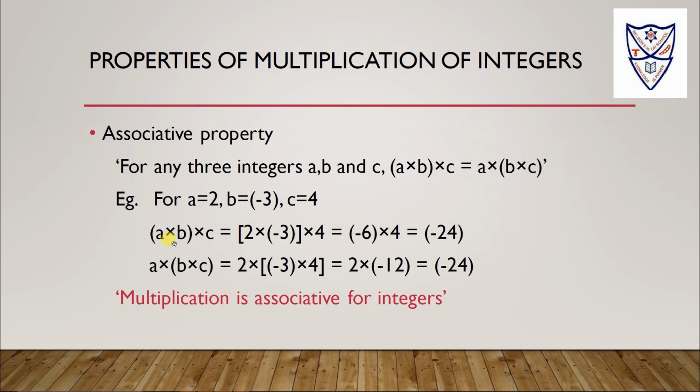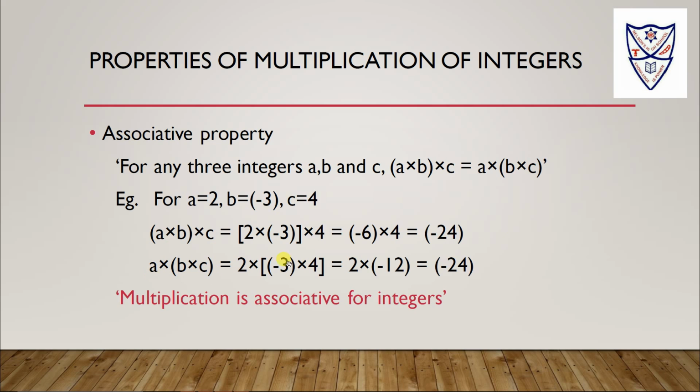In the bracket a multiplied by b bracket close multiplied by c. Now put the values of a, b and c. So here in big bracket a multiplied by b means 2 multiplied by minus 3, big bracket close multiplied by c, that is 4. Now first of all we will open this bracket, 2 multiplied by minus 3, plus minus, so it is minus, 2 3s are 6, so it is minus 6 multiplied by 4, minus plus again minus, 6 multiplied by 4 and minus sign, that is minus 24.